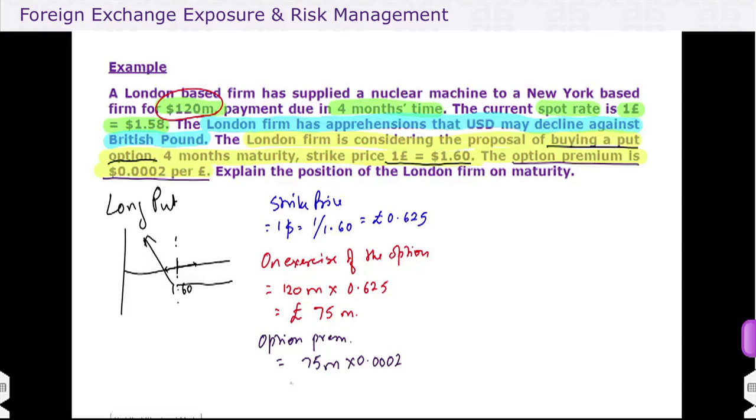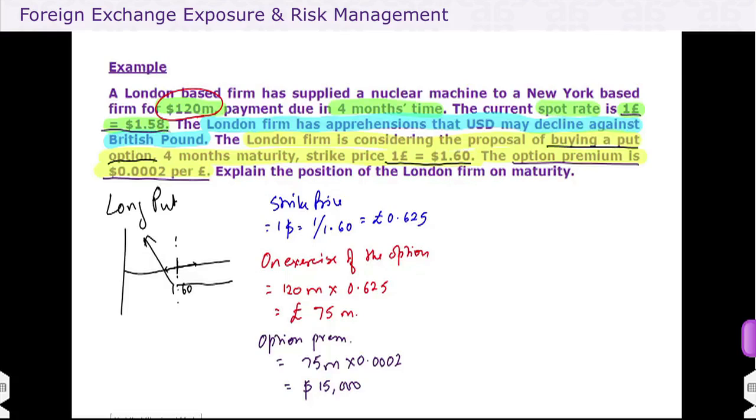So this comes to dollars how much? 15,000. And this 15,000 is at the current spot rate. Current spot rate is 1 pound equal to 1.58.